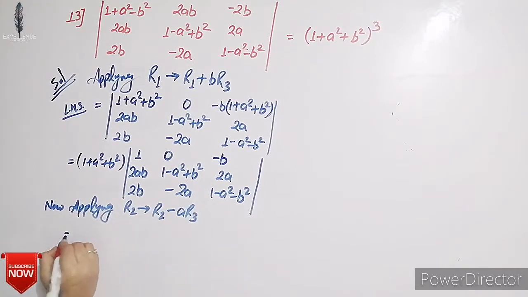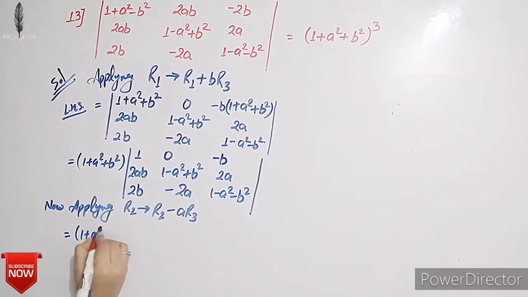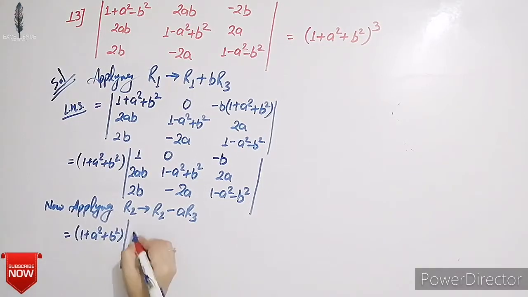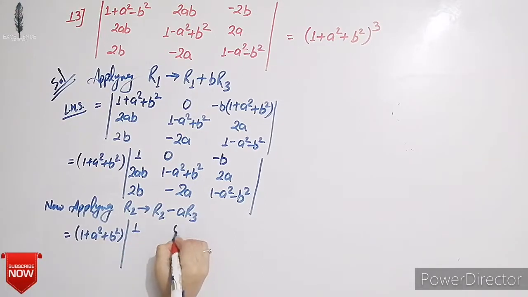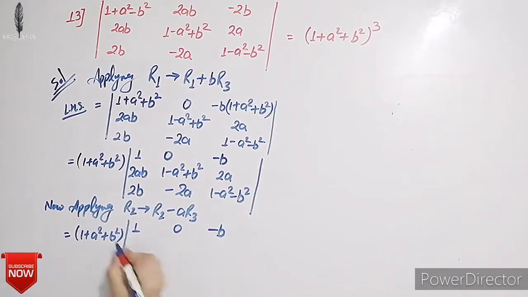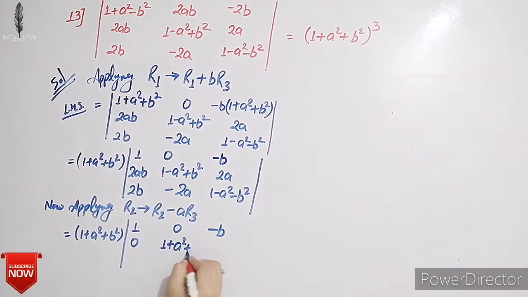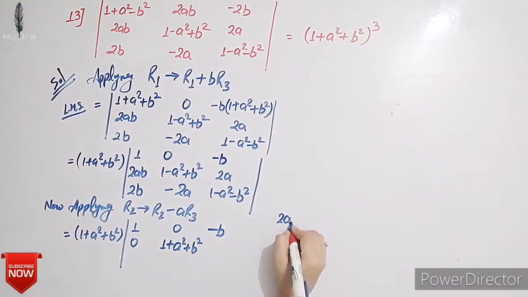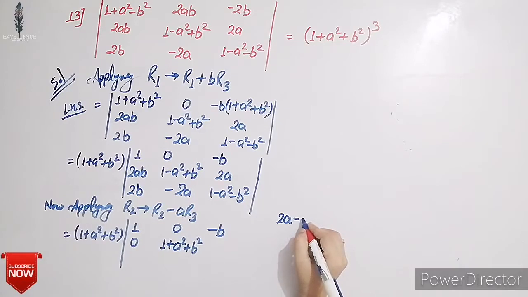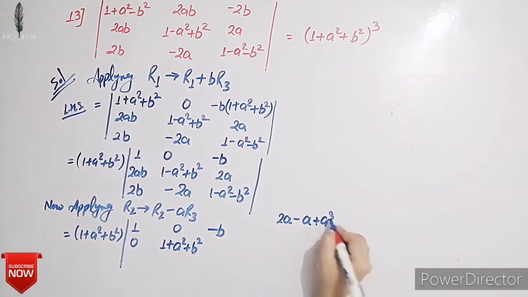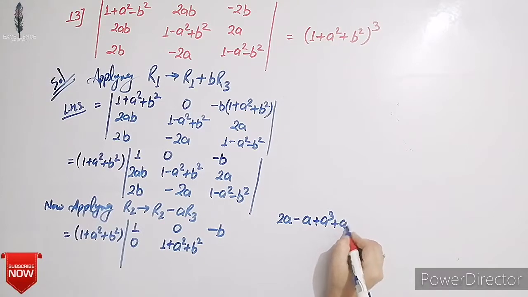Then we have it is equals to 1 plus a square plus b square into R1 is 1, 0, minus b, and R2 becomes here 0, here 1 plus a square plus b square, and here 2a minus a plus a cube plus ab square.